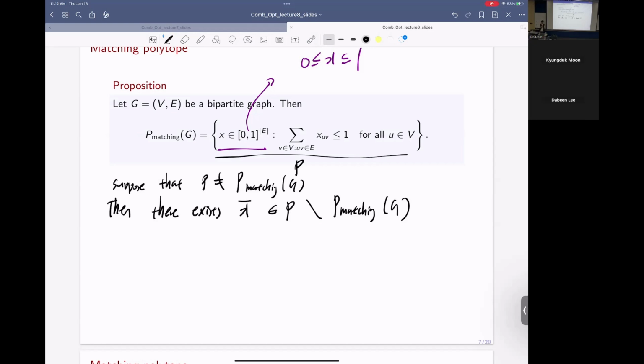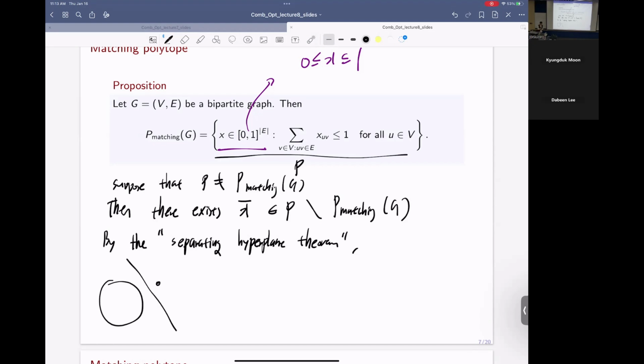Then there's a nice tool called the separating hyperplane theorem. What it means is that when you have a closed convex set and a single point that is outside this closed convex set, there's a hyperplane that separates these two.